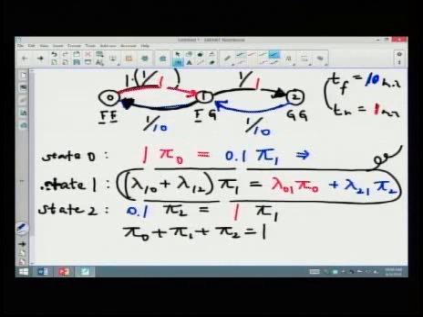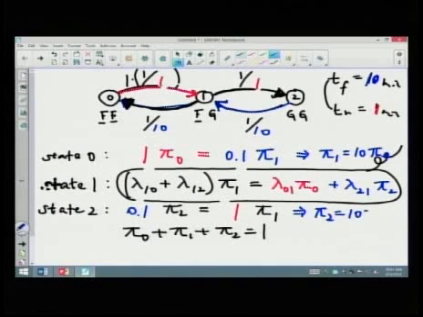We know that pi 1 is 10 pi 0. And from here, pi 2 is 10 pi 1.